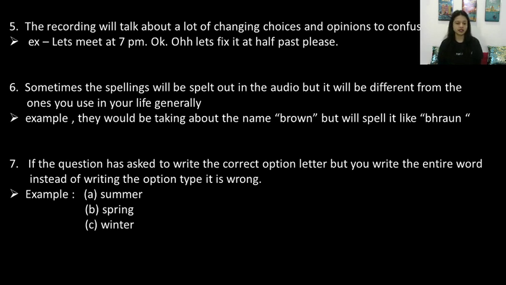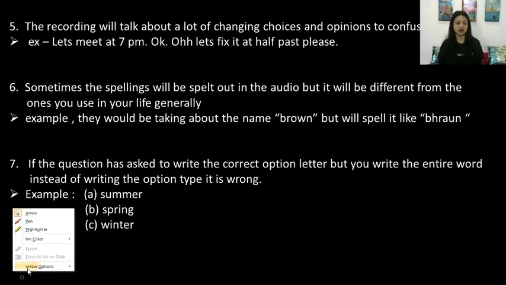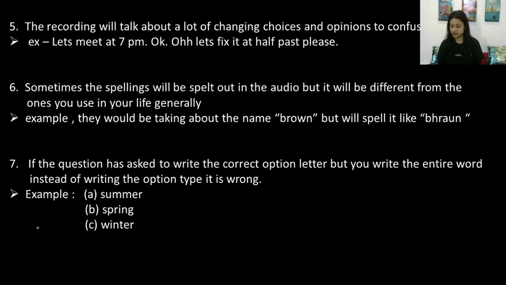Now, another thing to pay attention to, especially with respect to instructions, is this: whenever in your exam you have to choose the right option, what will you choose? For example, this is a question: which is the speaker's favorite season?